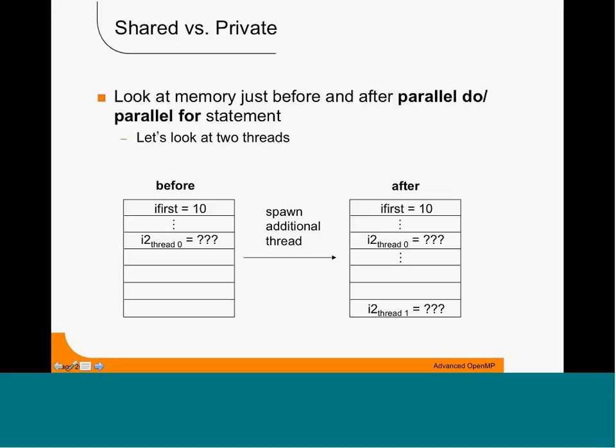So now let's get back to what happened, before and after the parallel statement. Before, I first equals 10, and with 2 threads we don't know the value. After it spawns the additional threads, each will have the value of I first, which is shared by default, but now each thread has its own I2 copy, so I2 thread 0, I2 thread 1.